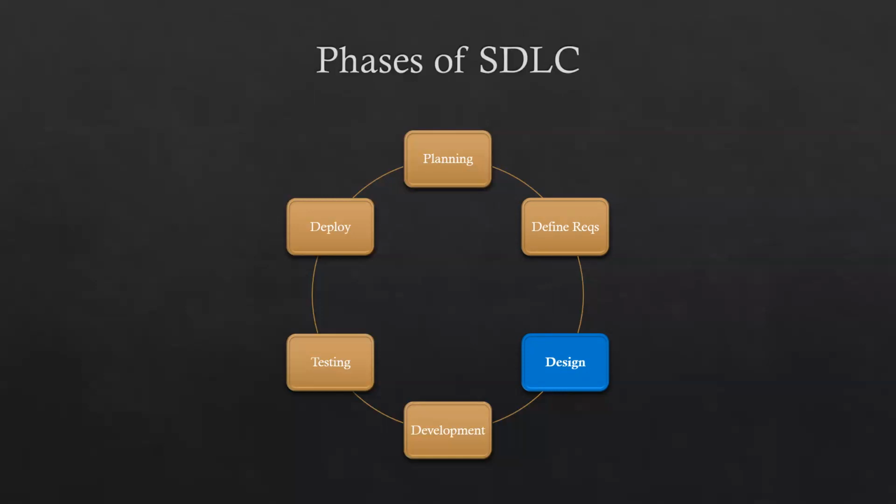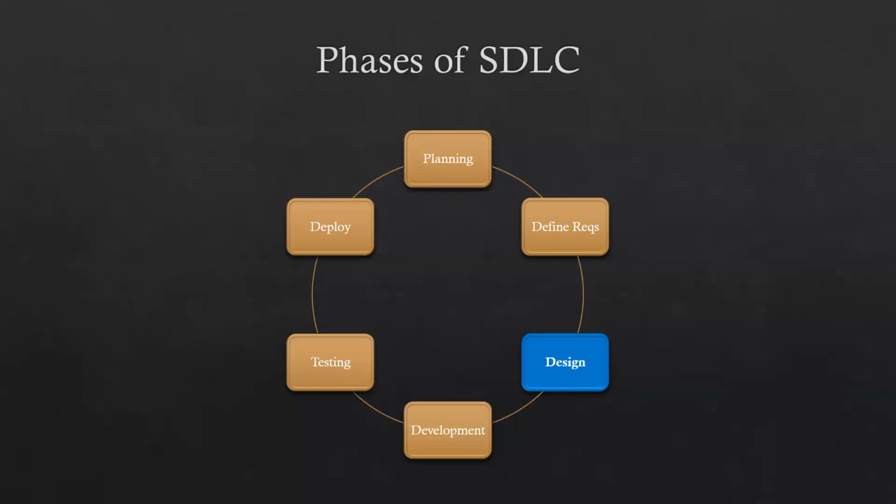Sometimes we document these architecture documents in a DDS, which is the design document specification. This design will be reviewed continuously by the identified stakeholders and corrected accordingly if any changes are required.